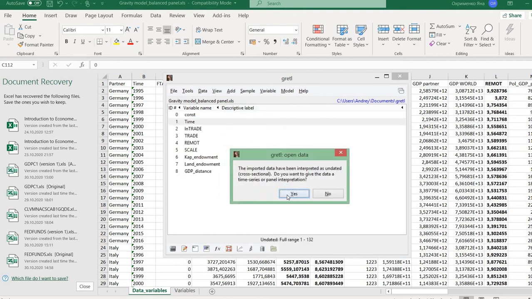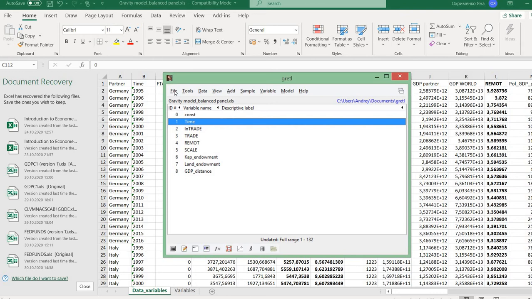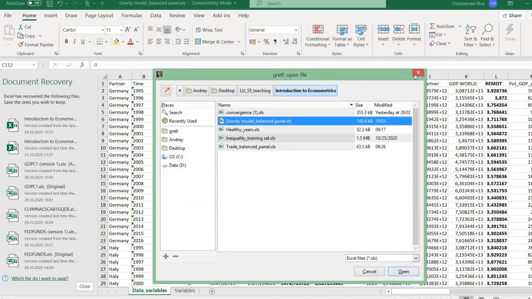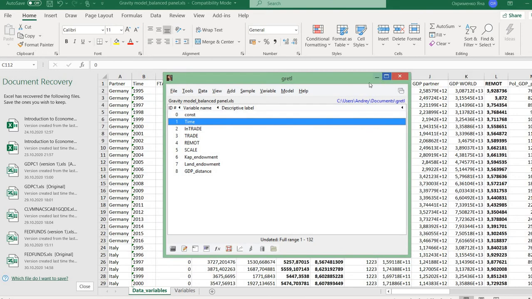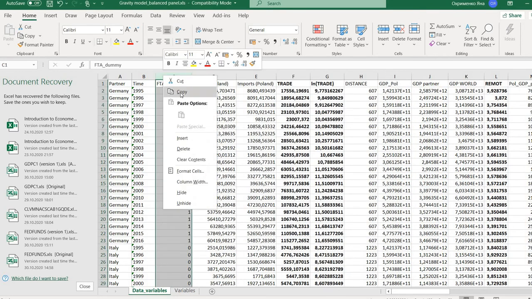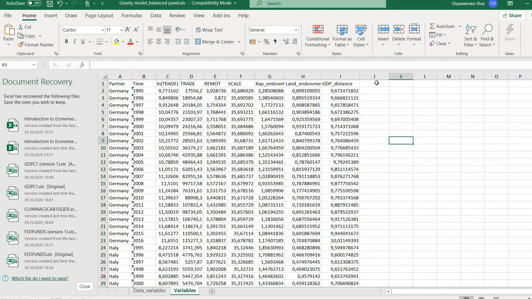So I take these variables. Open data, user file, gravity model. Sorry, I'm a bit sick and I forgot to copy this column, FTA dummy. Now it's fine.